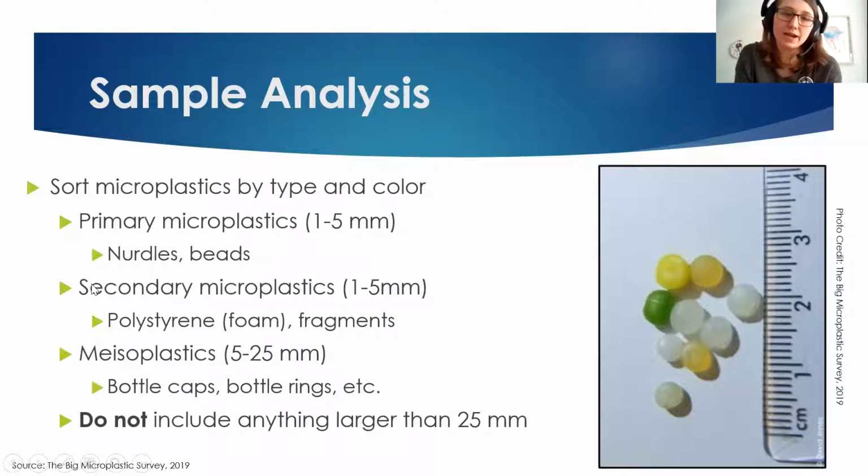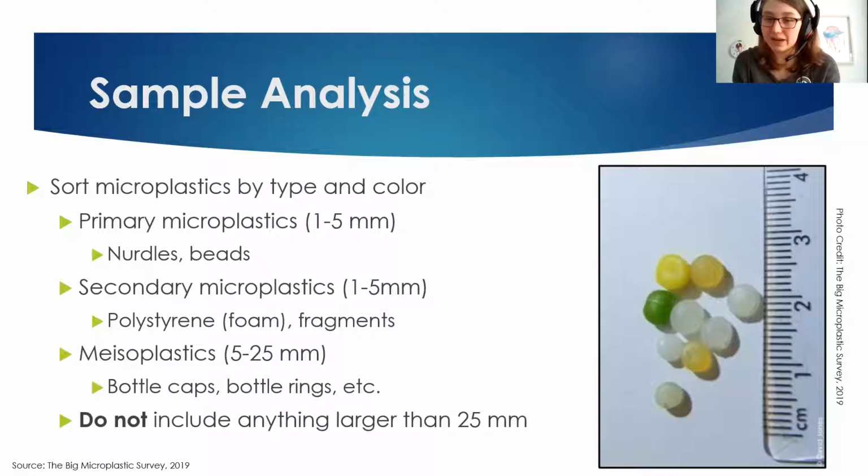Then you're going to separate out the secondary microplastics. So these are things like foam from styrofoam cups and fragments. Those are your secondary microplastics. And then you'll have your mesoplastics, which again, still part of the microplastic survey, but these are just a bit bigger. Here it's important that you note they don't want anything bigger than 25 millimeters.